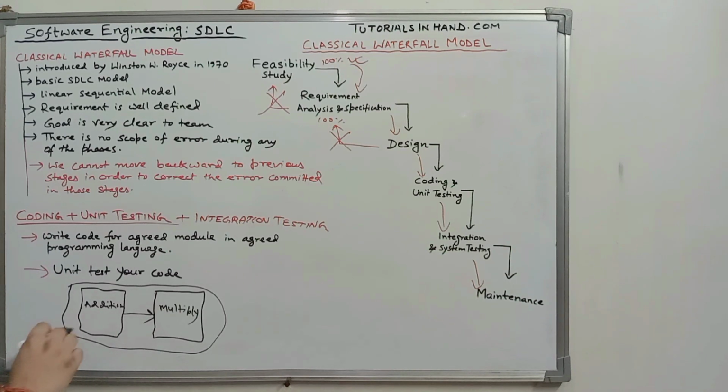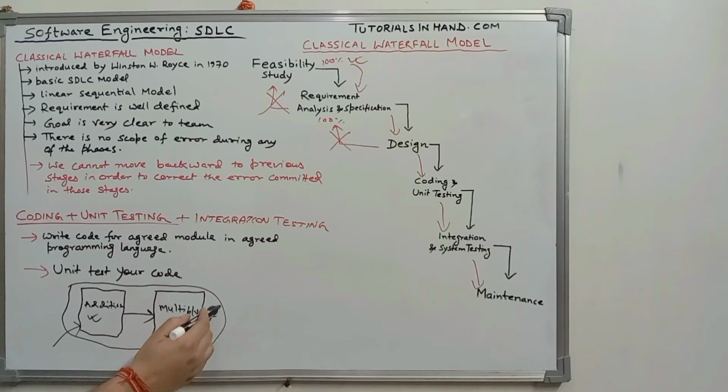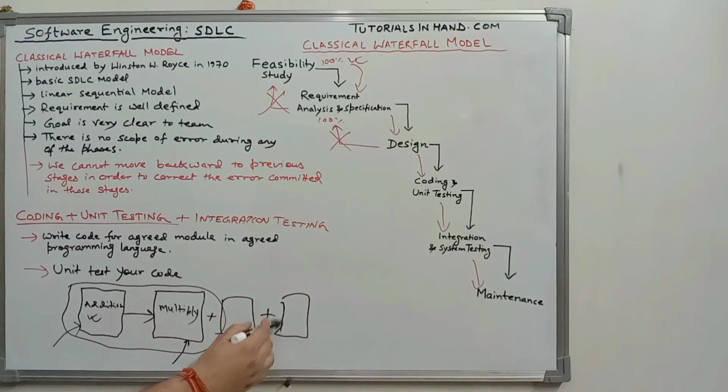That means when addition is called, it performs only the addition, not multiplication or some other task. And when multiplication is called, it performs equally well. Similarly, all other modules will be integrated together, one by one or all together, and checked whether they are working perfectly.